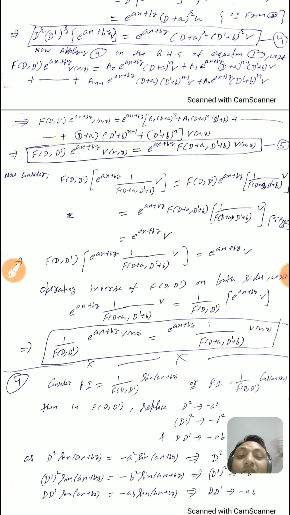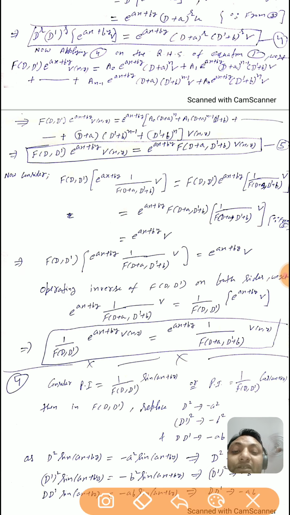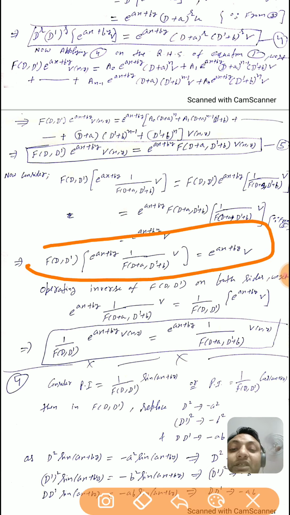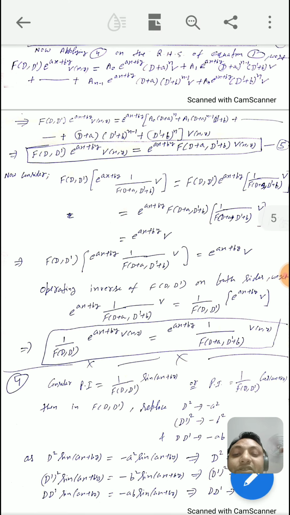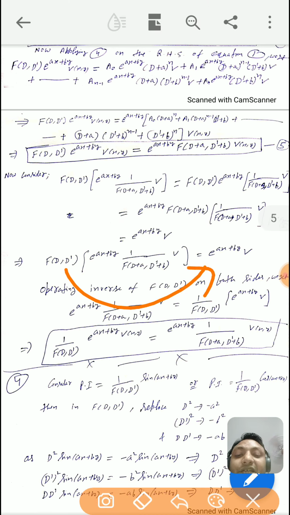Now finally you will get this equation, the left hand side of this one and this right hand side. Now operating the inverse operator of f of D, D dash on both sides, you will get the final result, which is equal to this one.